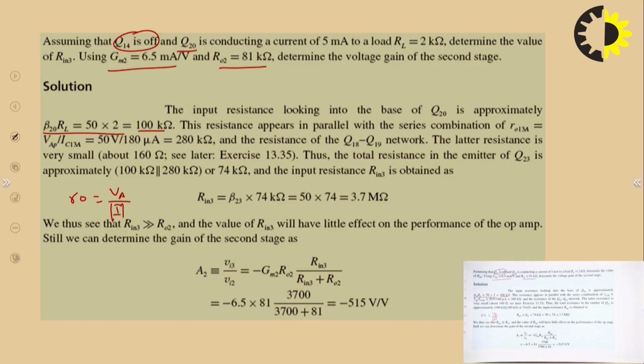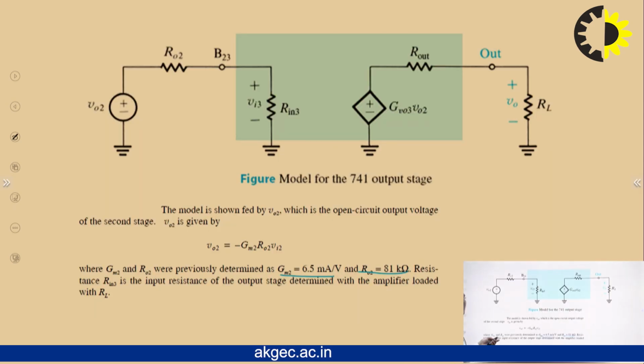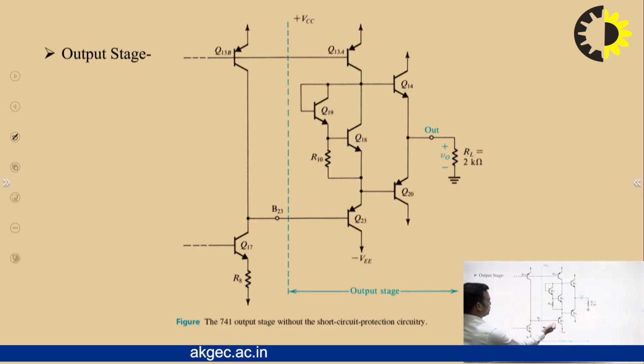So the total resistance in the emitter of Q23 is approximately the parallel combination of this 100 and 280, which is equal to 74 kilo ohm. Now we are moving towards Q23.